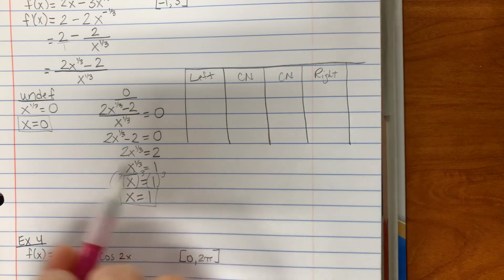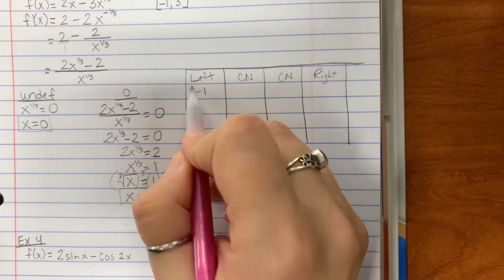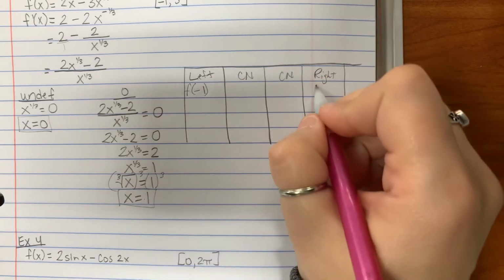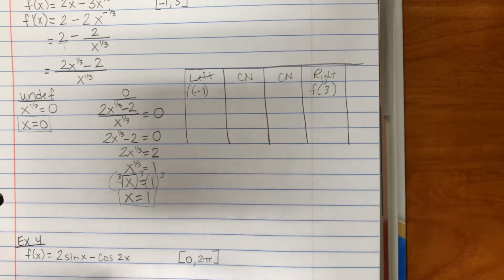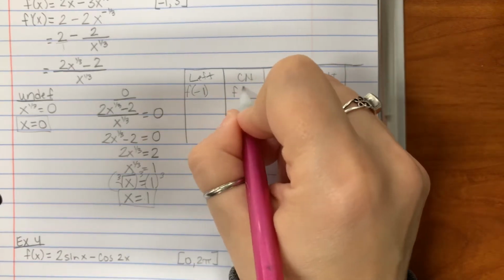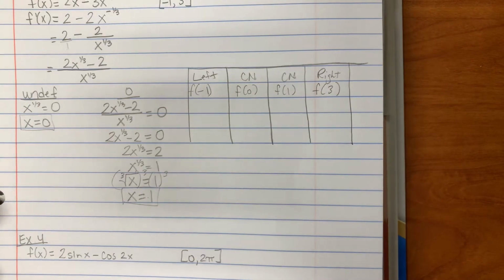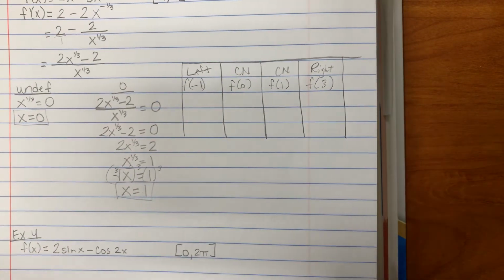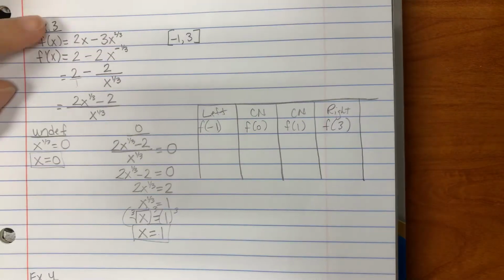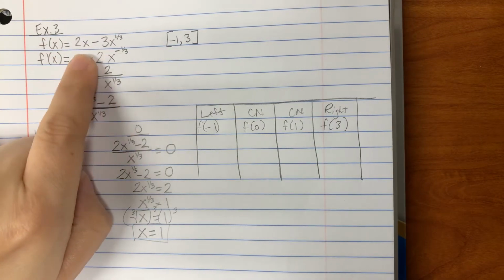So if they're not, I don't have to think about it, but this interval goes from -1 all the way up to 3, and 0 and 1 are in that interval. So that means I'm going to check f of 0 and f of 1 also. All right, so again, I'm plugging them into my function, not my derivative. I'm plugging them back up here because I want to know what's happening on the graph.